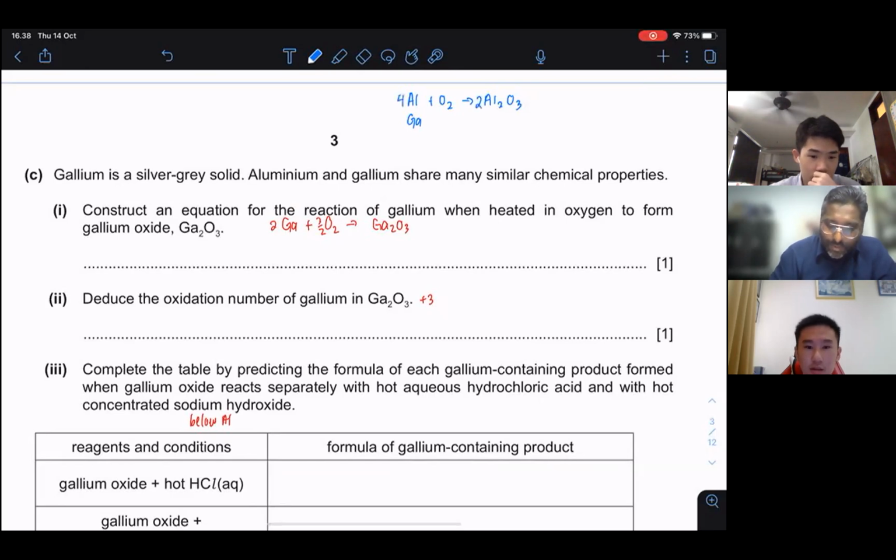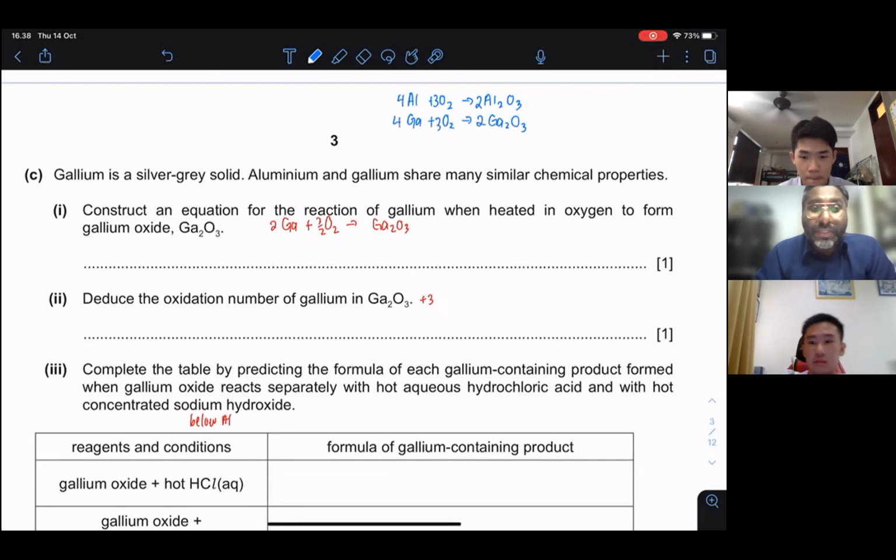So this is 4, oxygen is going to be 6, so I put 3 over there. You know how to balance this. The same thing when it comes to gallium, even though we didn't learn it, they will follow the same thing. You can do it for the aluminium, and you just replace the aluminium with gallium. This is going to be the equation.